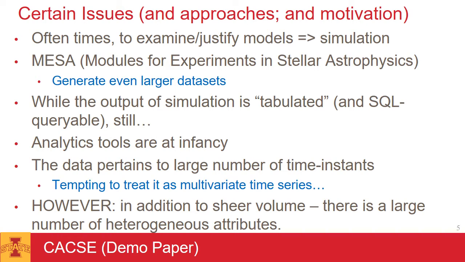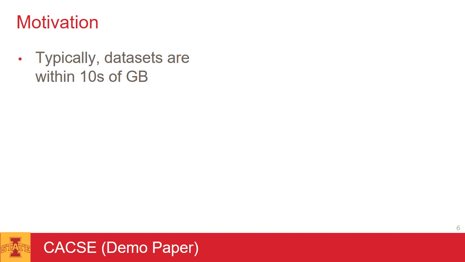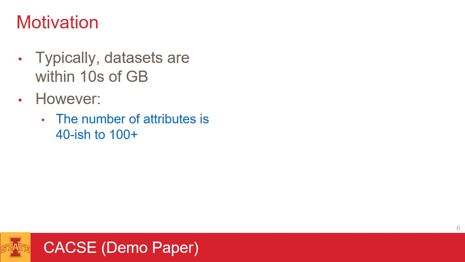The problem is, though, in addition to the volume of the data, the number of attributes, all of which are of heterogeneous physical nature, is also large. Typically, the data sets are tens of gigabytes coming out of a simulation. But as I mentioned in the previous slide, one of the issues is that the number of attributes can range from 40-something to sometimes a little bit over 100.